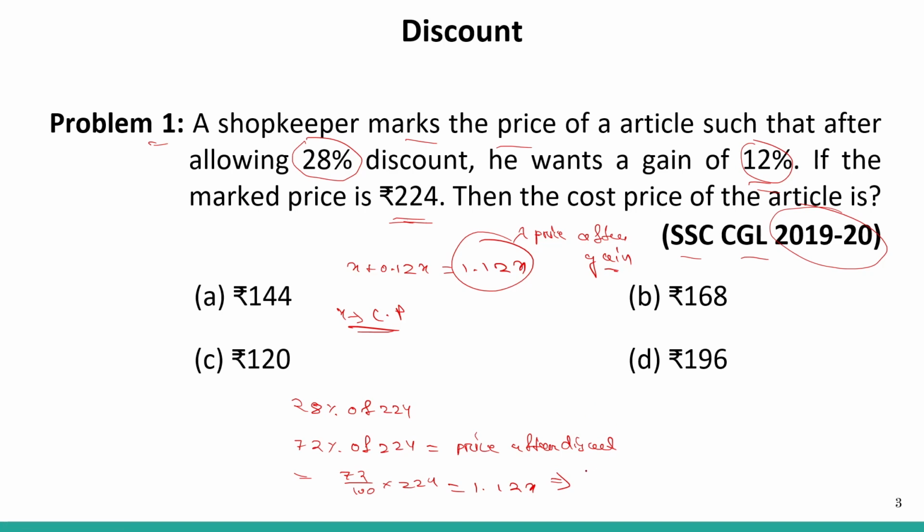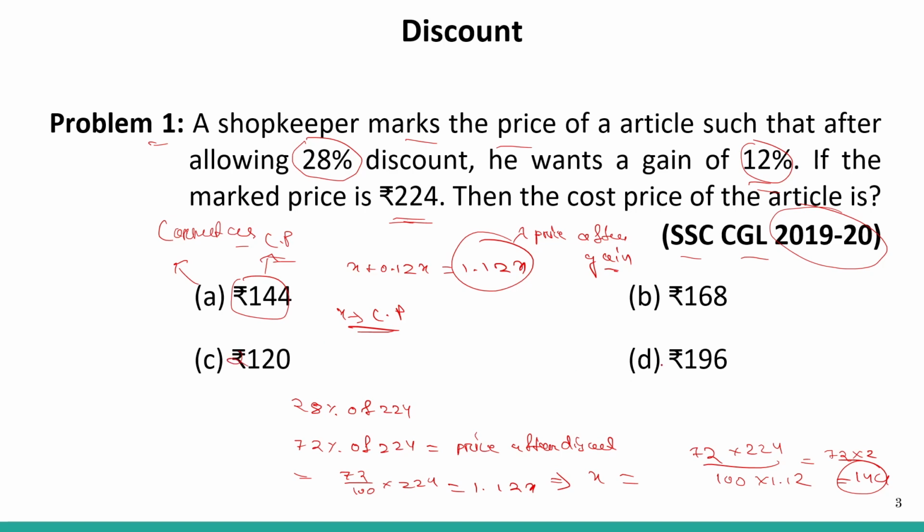By converting this word problem to the algebraic equation, we are left with this. So x is equal to 72 into 224 by 100 into 1.12. We can write it as 72 into 2, which is 144. So 144 will be the CP, the correct answer.